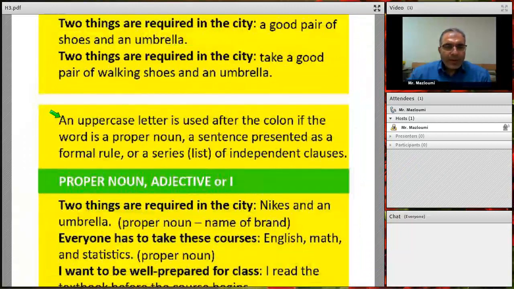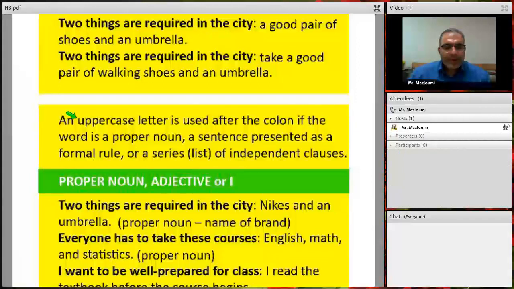Well, an uppercase letter is used after the colon if the word is a proper noun, a sentence presented as a formal rule, or a series or a list of independent clauses. But guys, we use an uppercase letter, a capital letter, after the colon if the word is a proper noun.